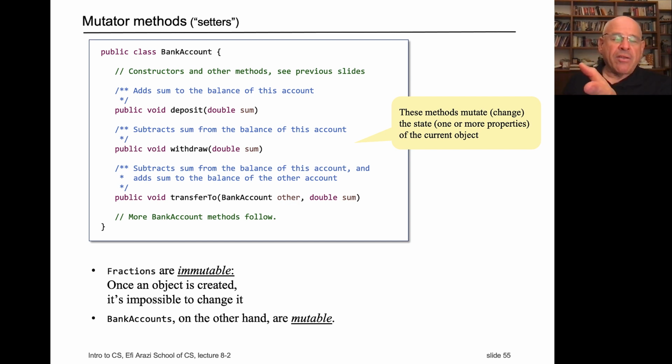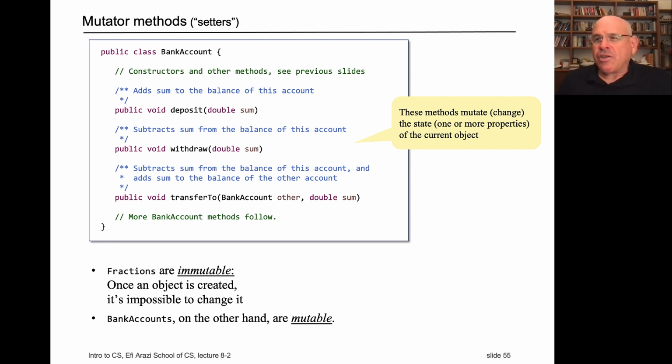In bank account, we want to do it because that's the nature of bank accounts, right? They have a balance which keeps on changing. So we call them either setters or mutators because they mutate, which in English is a synonym for change. They change the object.